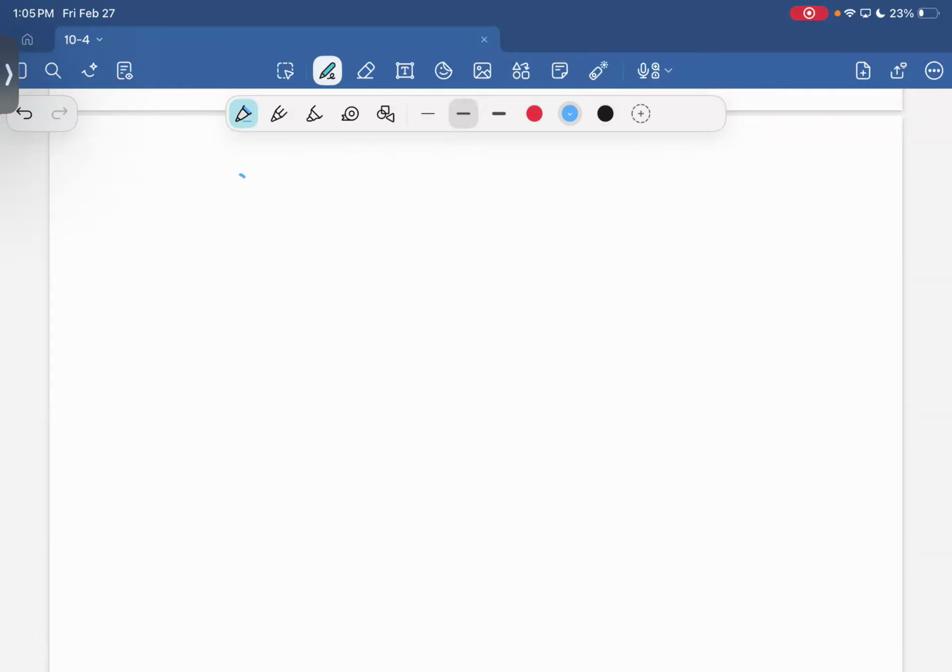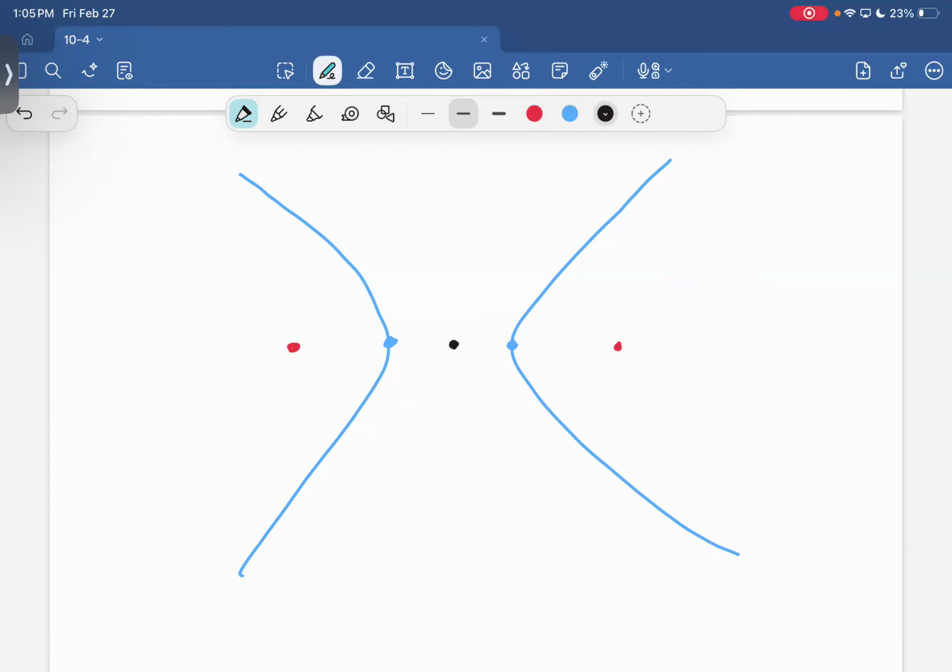So let's look at the case for a horizontal hyperbola. If the vertices are here, these are our two vertices. And then our two foci are going to be here, and here is our center. So we have a center, and then a vertex, and then a focus.